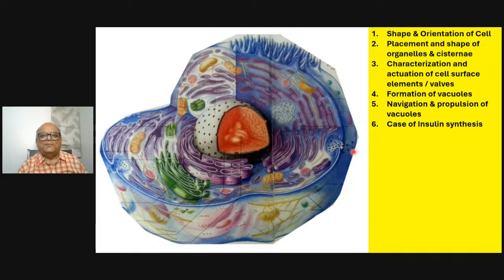So there are secretions in the cell. It could be solid secretion, it could be liquid secretion. The vacuoles, as much as they ingest, they can secrete or excrete also, as you wish to call it.